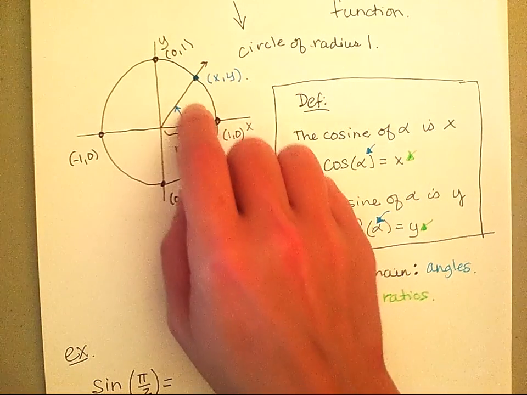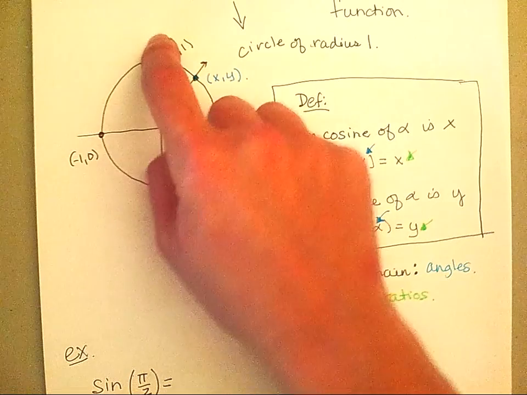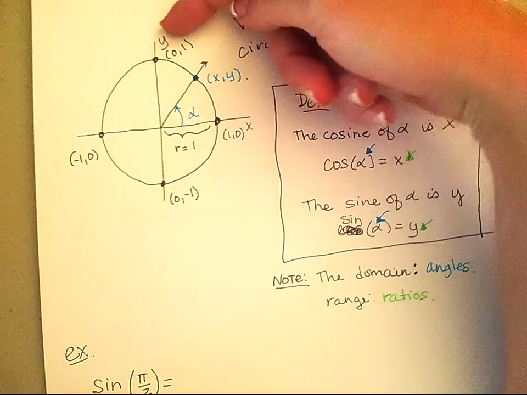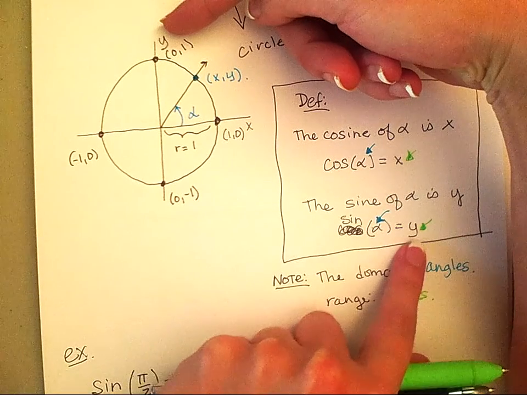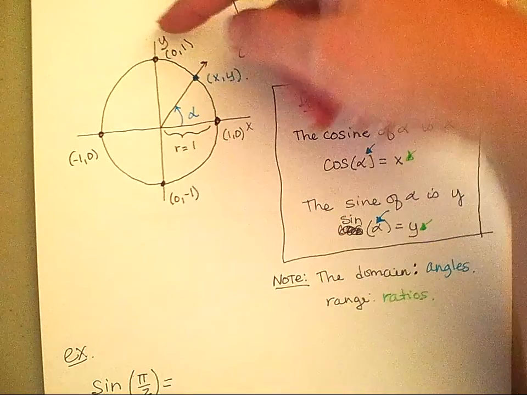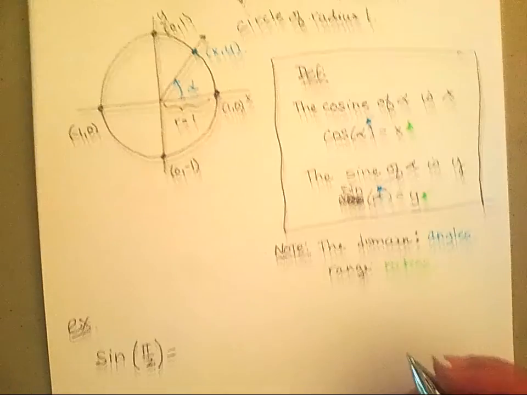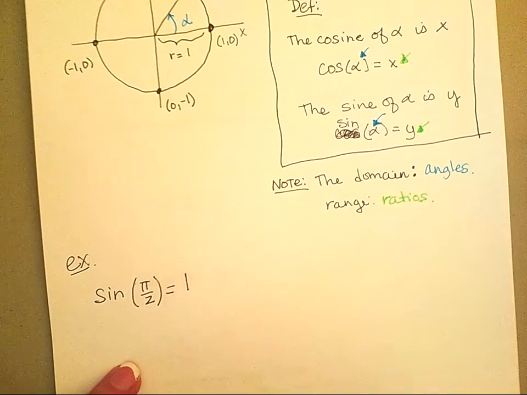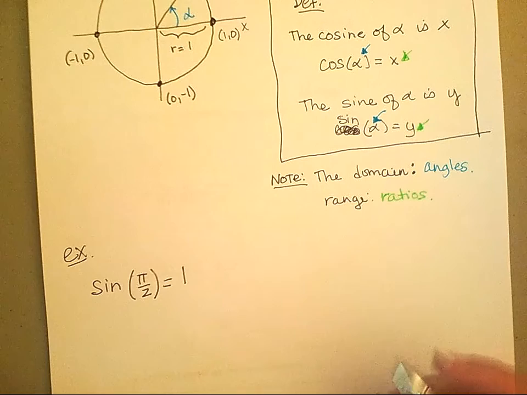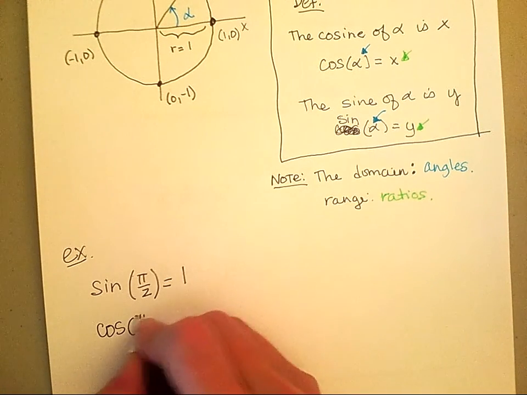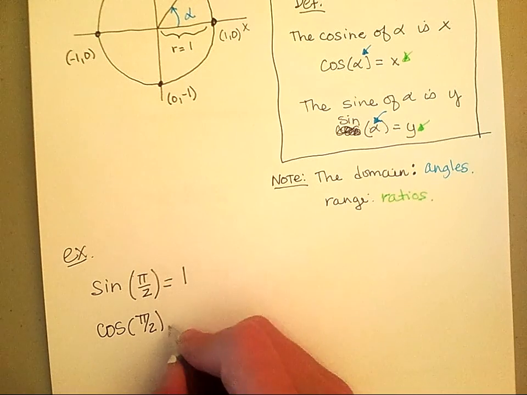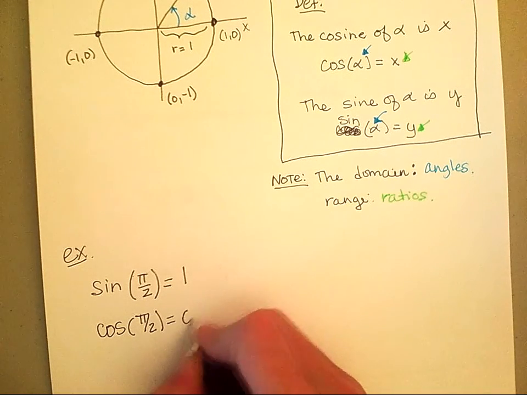So the angle pi over 2 is this angle, and it terminates here. I need the sine of that, and by definition, the sine is the y value. So we can say then that the sine of pi over 2 is equal to 1. Similarly, then, the cosine of pi over 2, we would be looking at the x value, and that would be equal to 0.